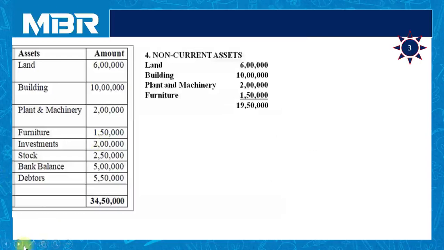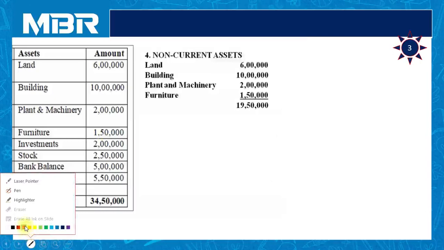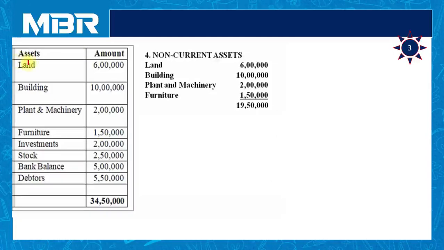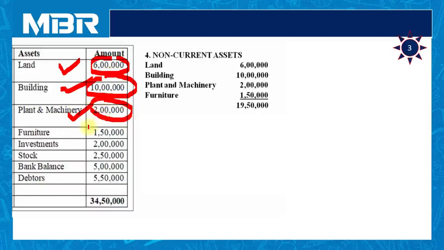Check the information given to us by the examiner in the balance sheet of our question. The first item is land, rupees 6 lakhs. Second item is building, rupees 10 lakhs. Third item is plant and machinery, rupees 2 lakhs. And fourth item is rupees 1,50,000.